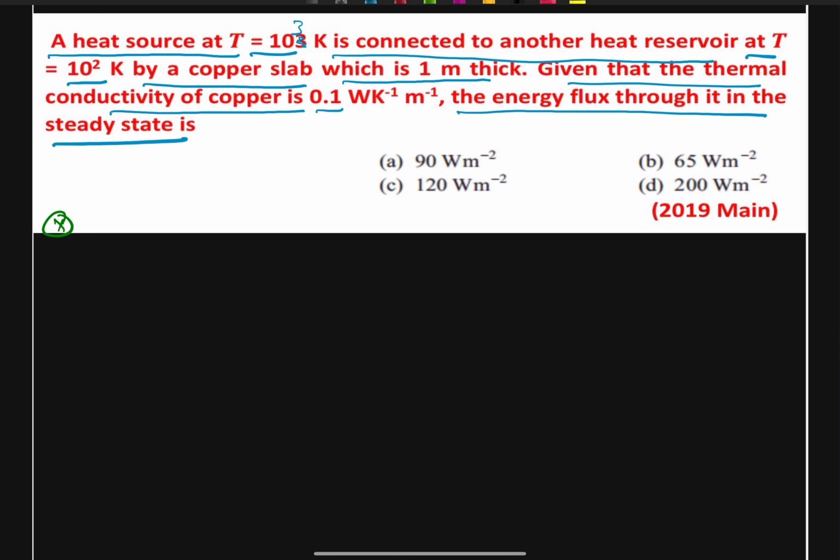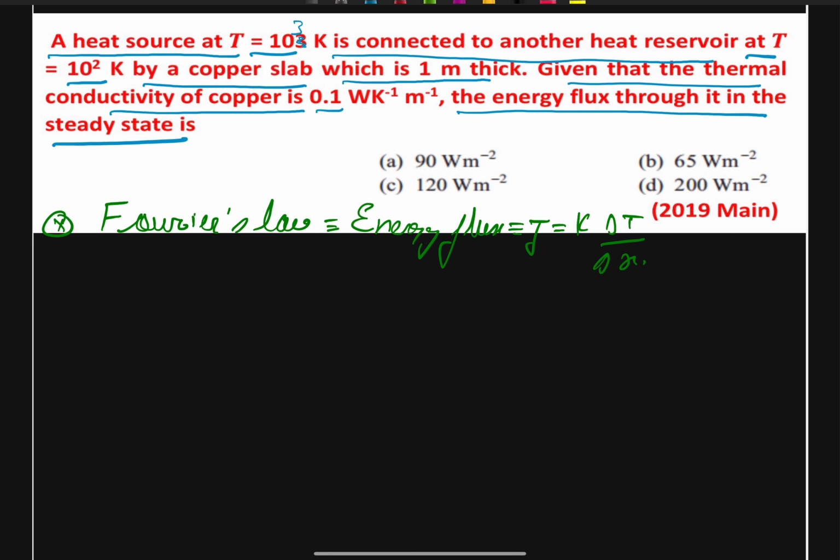Fourier's law states that our energy flux is given as J is equal to K delta T upon delta x.